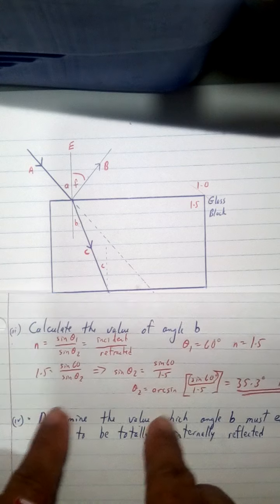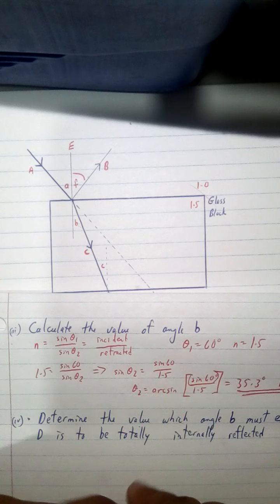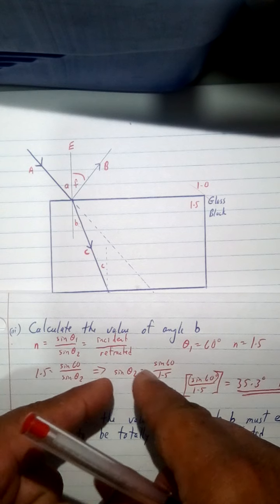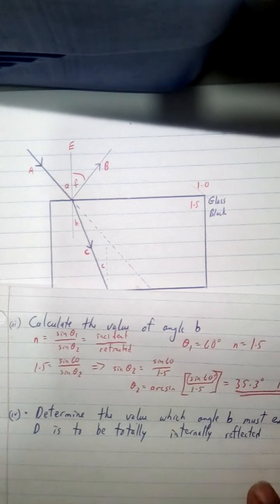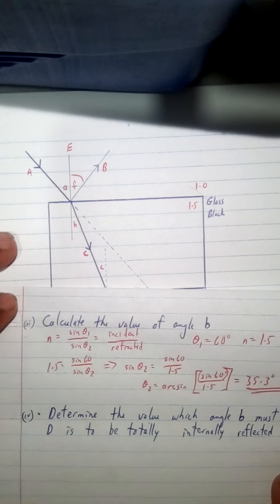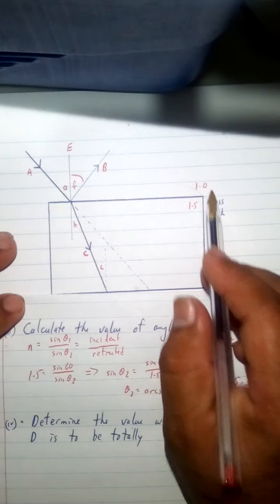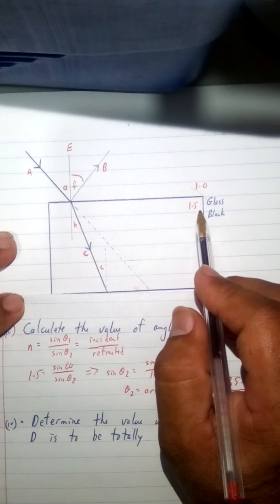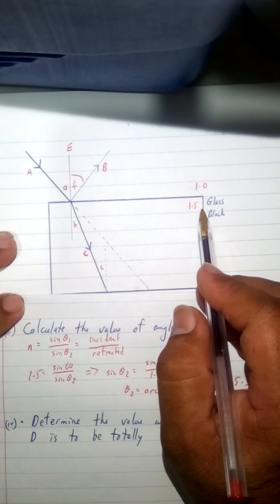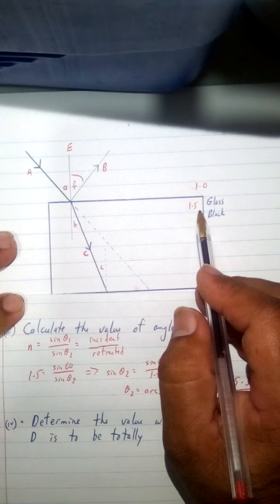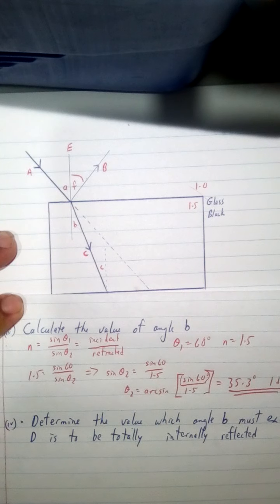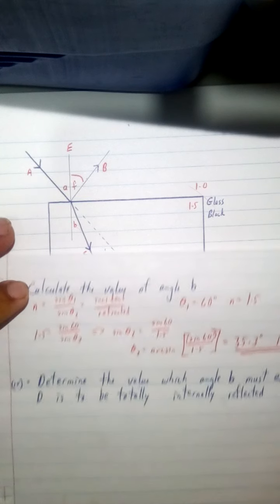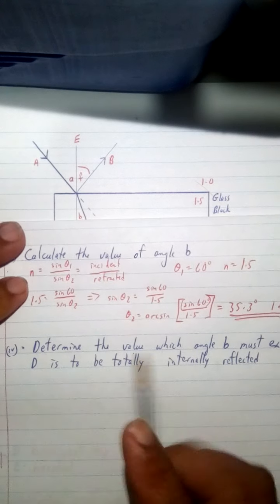So we need to determine what is the critical angle. The way we're going to do this is as follows. We know that air is 1.0, we know that glass is 1.5. Let me just write what the conditions are for this to happen.